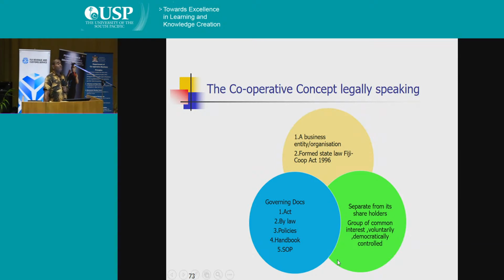Where? The government. What does it mean? I have the right, I have a say. One person, one vote. That's democratic.